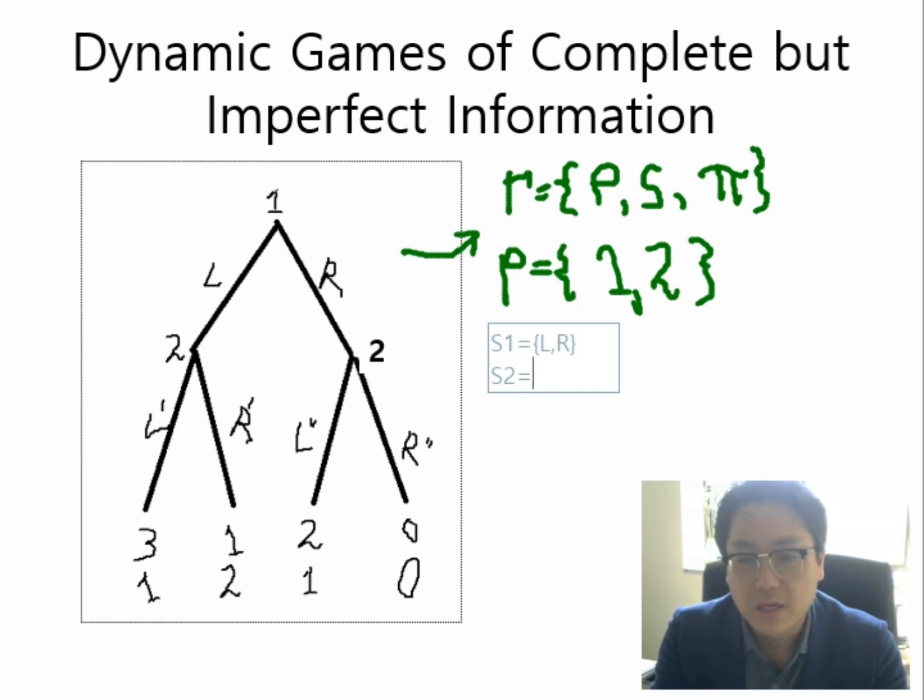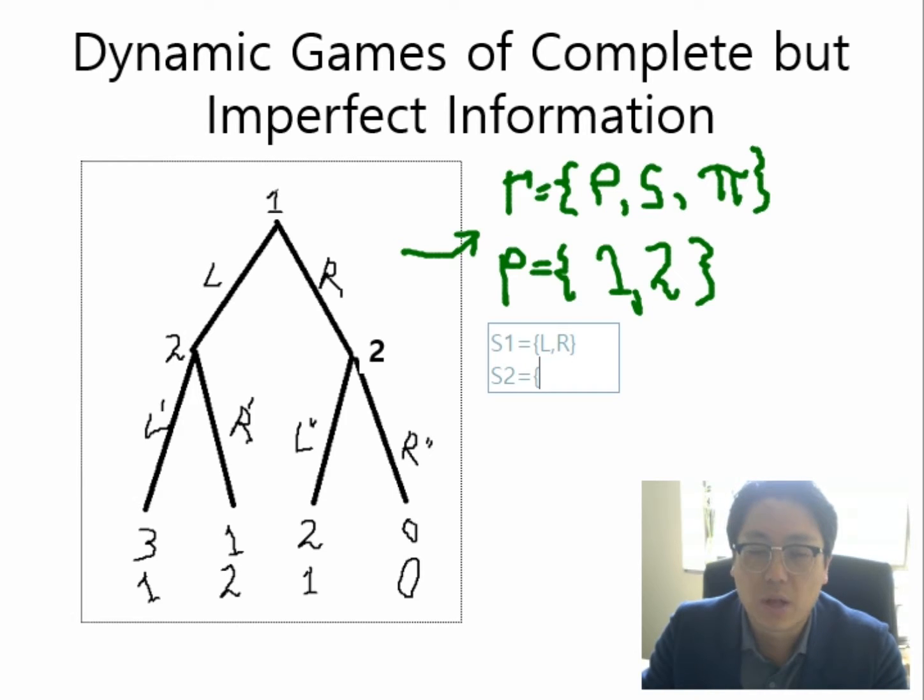Now think about the second player. Actually, the second player will face two different contingencies. The first contingency occurs when the first player chooses L. Then this node will be reached. Then the second player will face the time when the second player can choose. And this is another contingency. I mean, if the first player plays R, then this node will be reached.